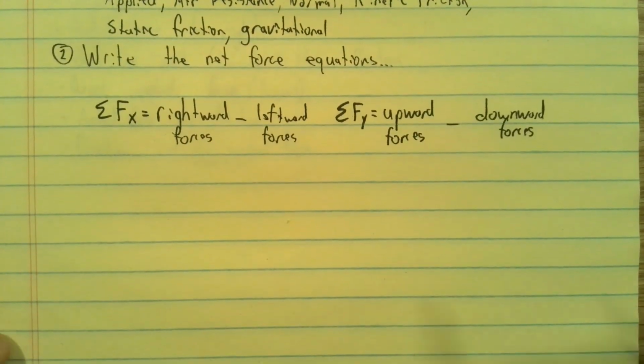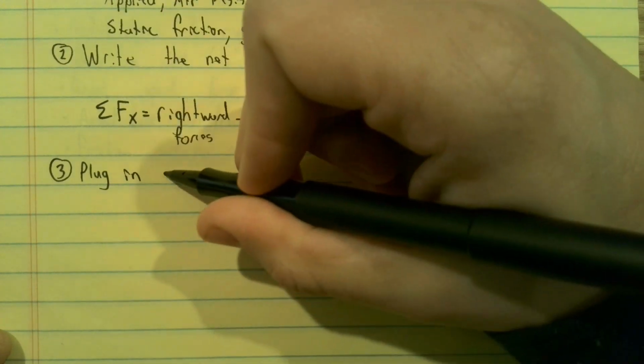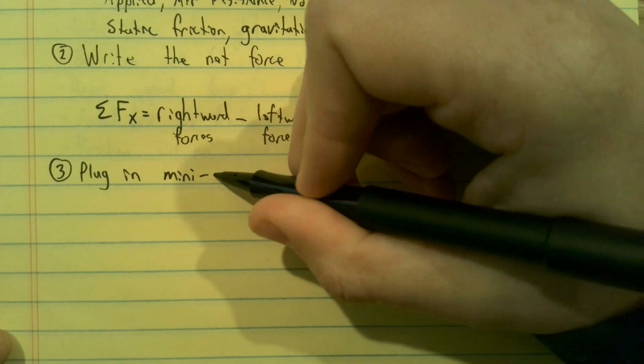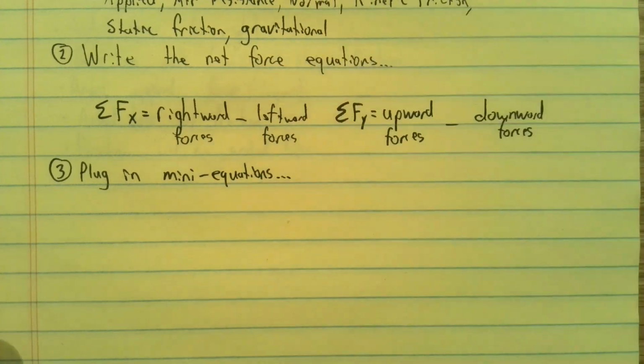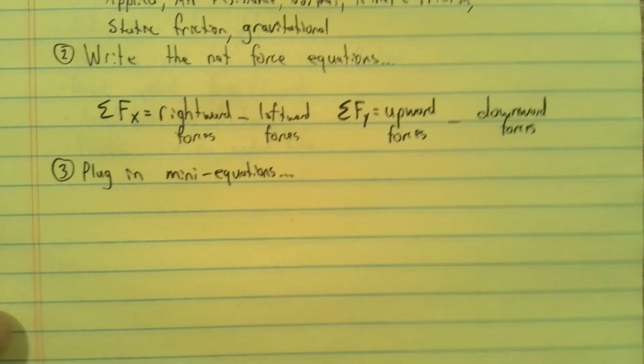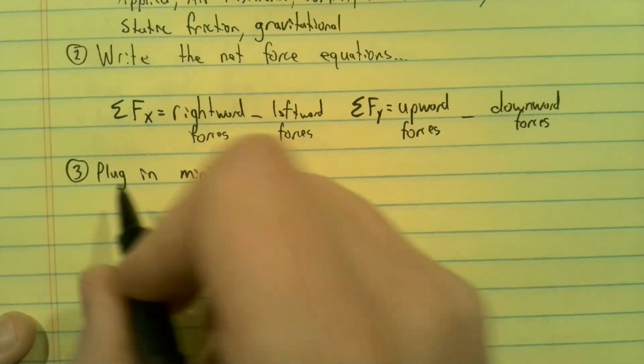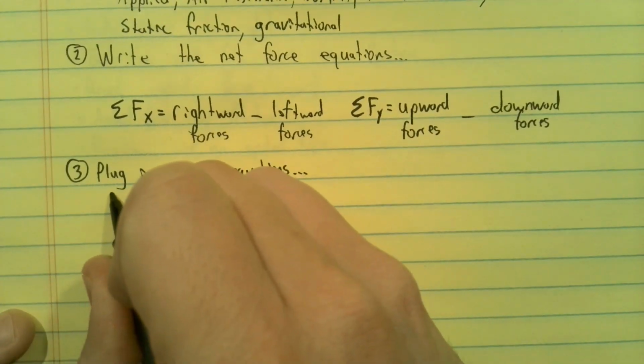And finally, step 3 when you're solving these problems is to plug in many mini equations. Yesterday we wrote this as make substitutions. It'll be good to have these all in one place. You probably have them in yesterday's notes, but here they are again in case you forgot them.